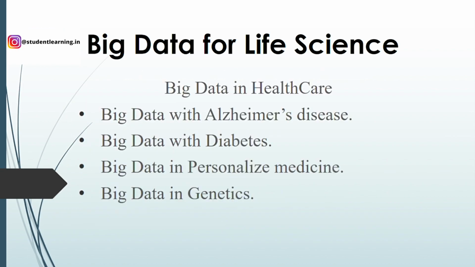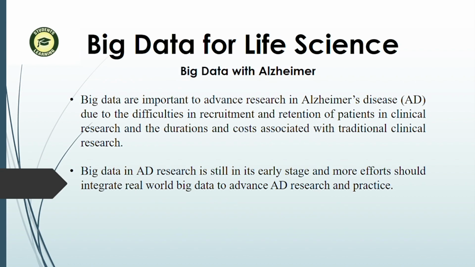Next, big data in healthcare. There are a lot of applications in healthcare, like big data with Alzheimer's disease, big data with diabetes, big data in personalized medicine, and big data in genetics. First I am going to explain big data with Alzheimer's. I think Alzheimer's is a very common disease in today's era. With the help of big data, it plays a very important role. That means there are a lot of difficulties without big data.